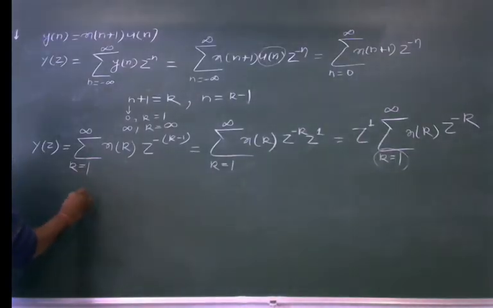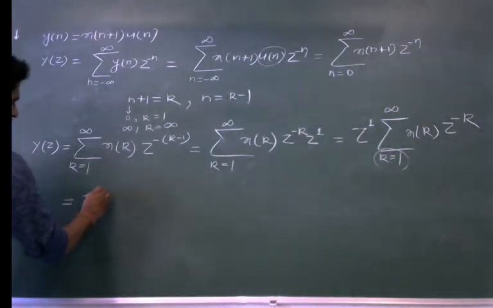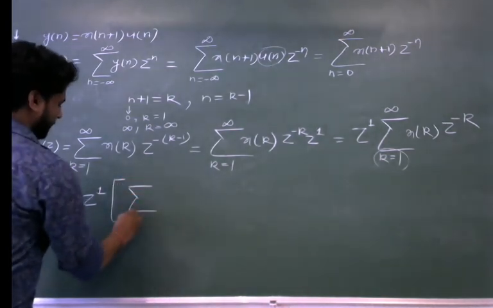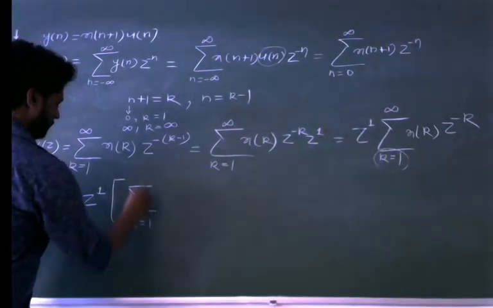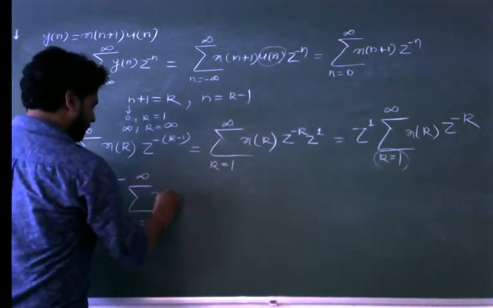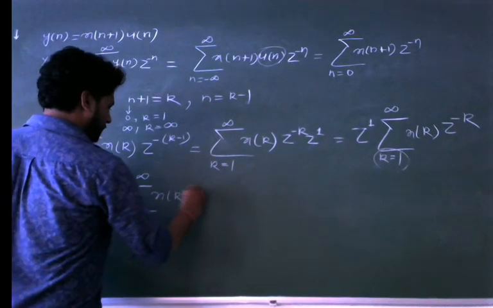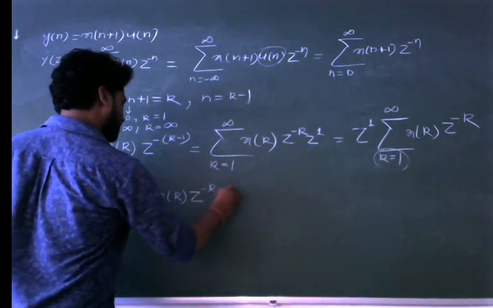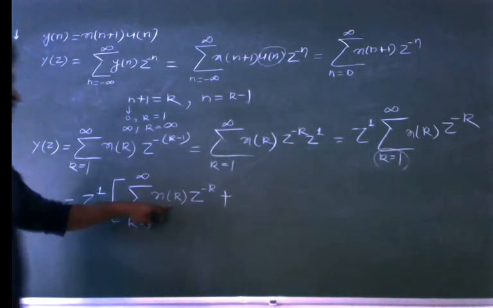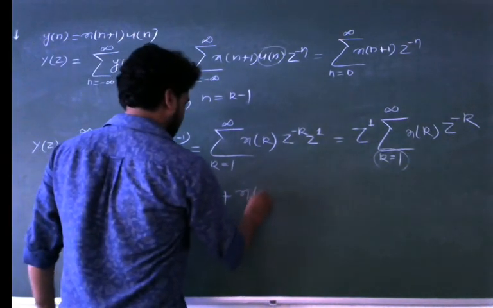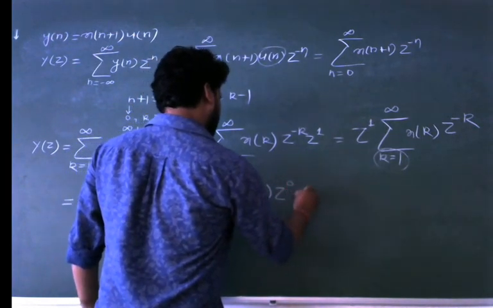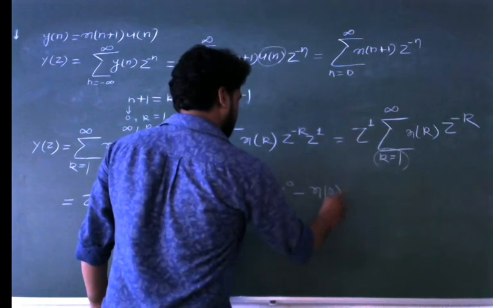This will become z power 1 into the sum for k from 1 to infinity of x of k into z power minus k, plus an extra term for k equal to 0, so this will become x of 0 into z power 0 minus x of 0 into z power 0.